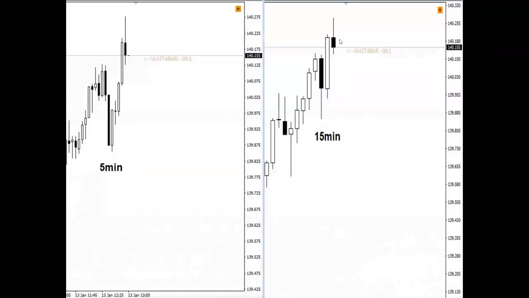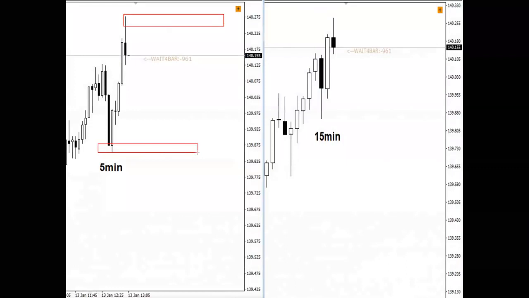So now you have this bullish momentum on 15-minute and 5-minute. When you're looking at smaller time frames, you have this range to fill, and then you have this range to fill. Now on 15-minute, this range is right over here and over here.